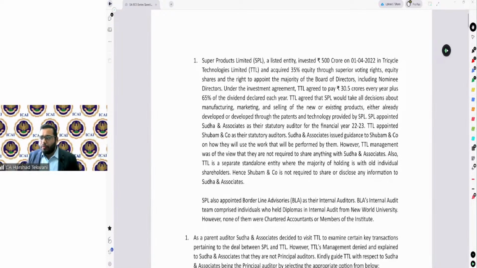This is work performed by the component auditor, on which the principal auditor is relying. So this standard guides the principal auditor on how he can use the work performed by the other auditor and how it will affect the nature, timing, and extent of the overall audit.